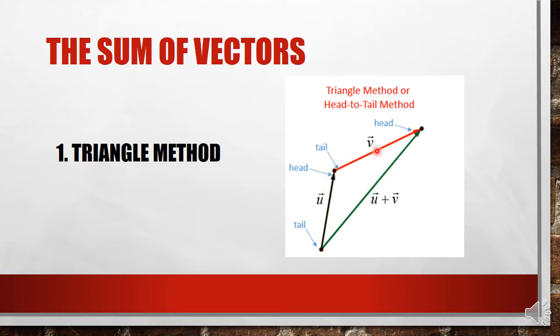You connect it, and then the resultant vector, or the addition vector, is that connect the tail of vector u, or the first vector, to the head of vector v, or the last vector. So this is the green one, the resultant vector of these two vectors, u plus v.